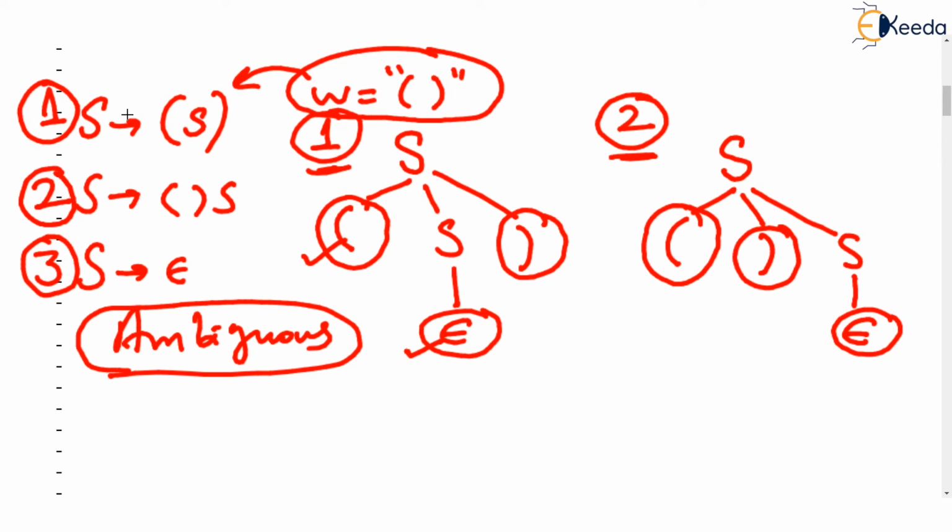This is a very difficult job. But we humans, given a small grammar, can intelligently find a string for which there exists more than one parse tree. Even if you are able to find one such string, your job is done. So let's meet in the next video with more ambiguous grammars. Thank you very much.